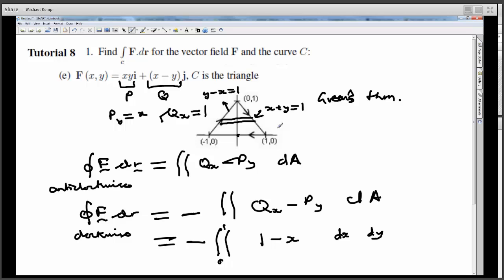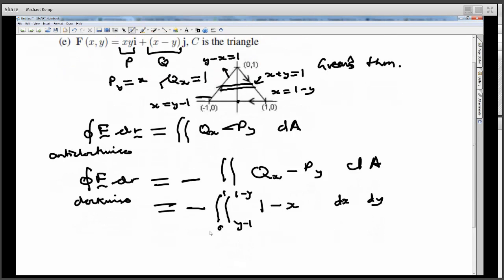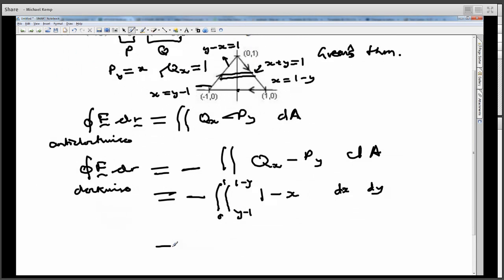And we can make x the subject, so we can say that x is equal to 1 minus y, and this bottom curve is x equal to y minus 1. So that will become our boundary curve. The bottom curve is y minus 1, the top curve is 1 minus y. It's got odd symmetry, which we could exploit if you wanted to. Then it's a double integral you do directly.